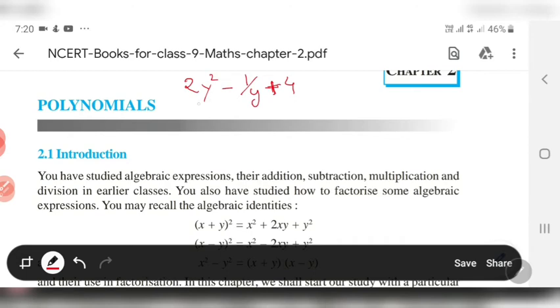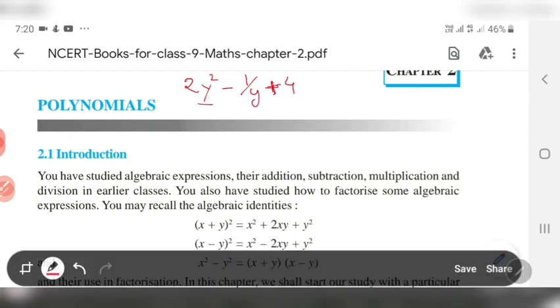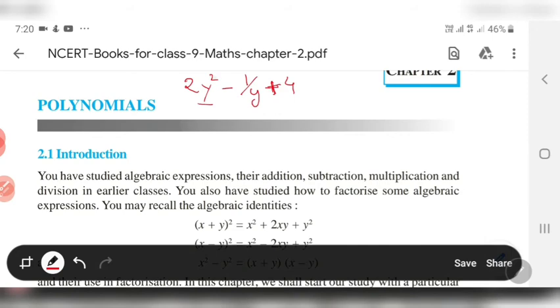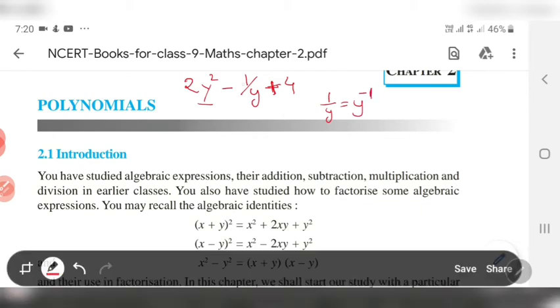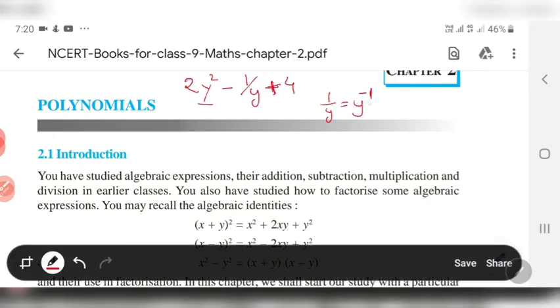So in this case you see y is the variable and the exponent of y is 2. Correct? But on the other hand, it is given 1 by y. And we know 1 by y is equal to y to the power of minus 1. So the actual value of 1 by y is what? y to the power of minus 1.